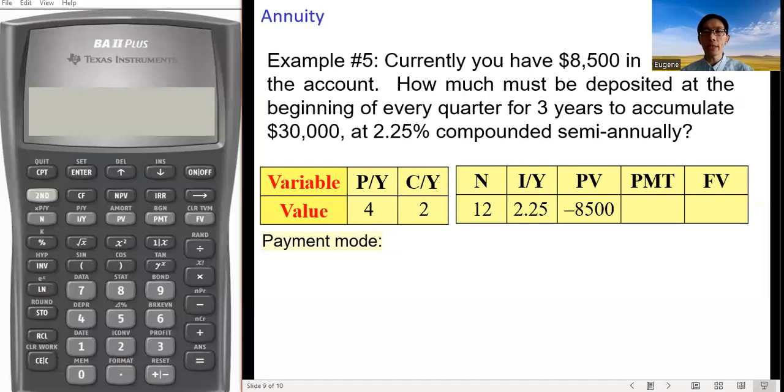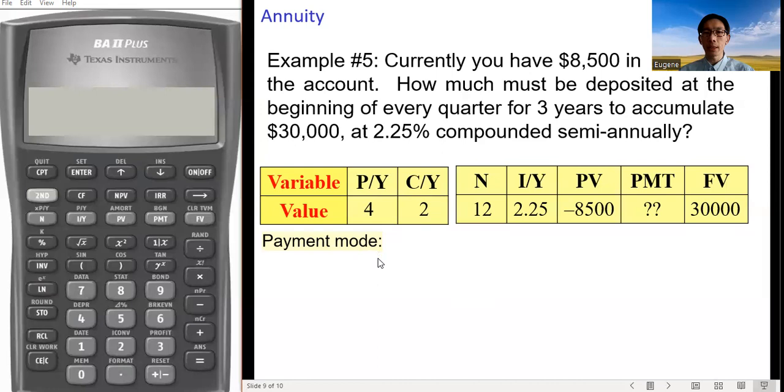PV equals negative 8,500. And then PMT is the amount of the deposit. We need to compute this variable. FV is the future value or the maturity value. Accumulate to 30,000. So FV is 30,000.